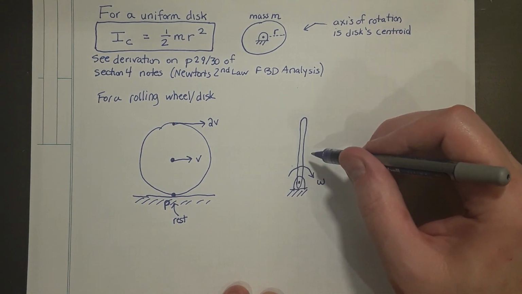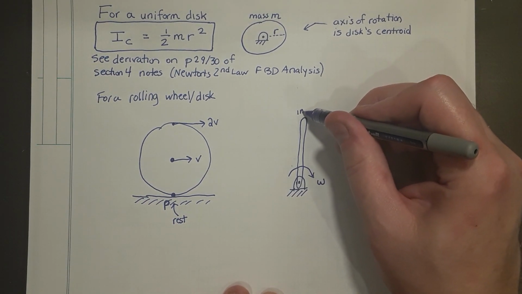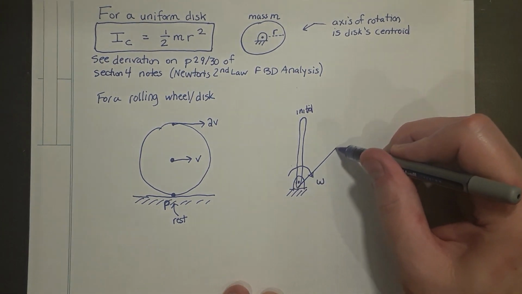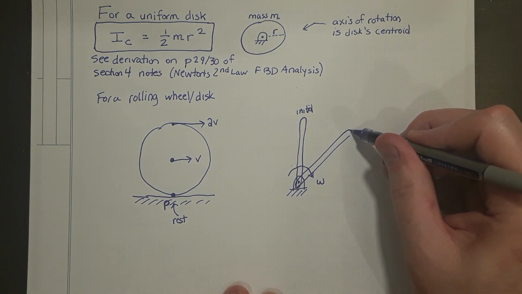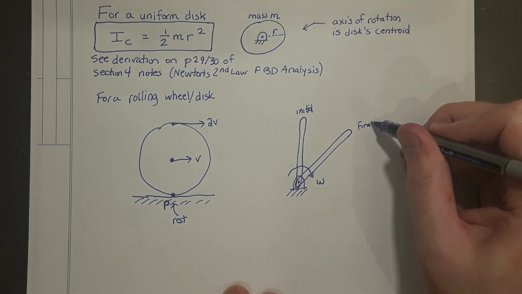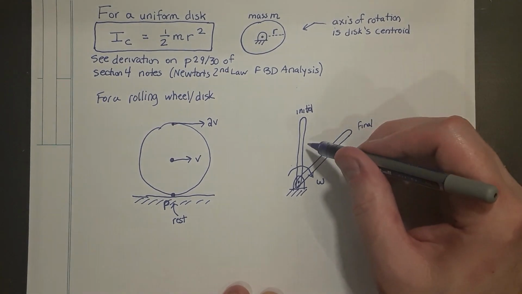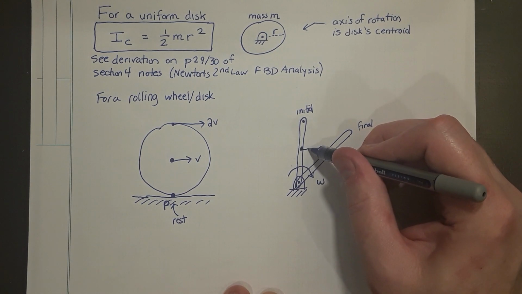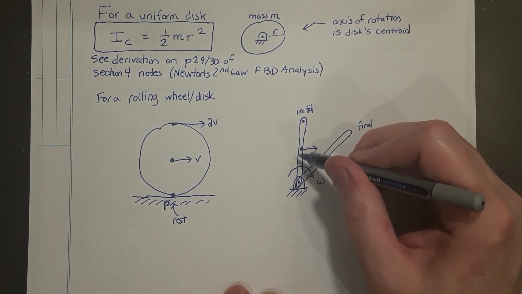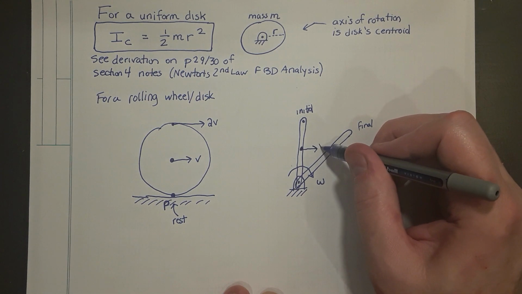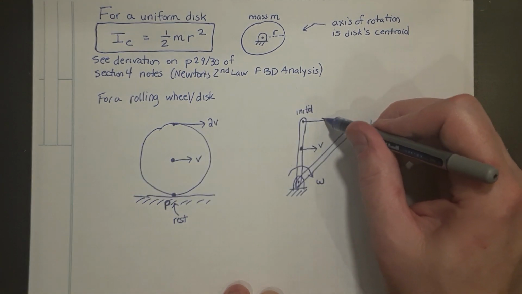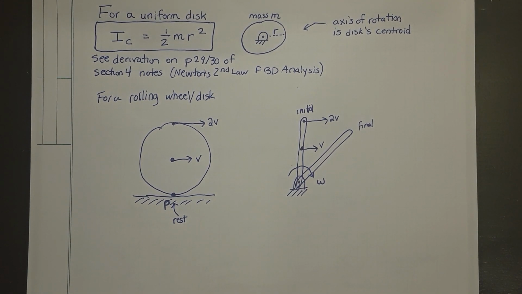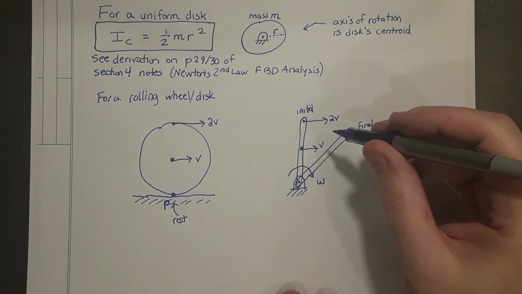As this object moves from an initial position to a final position, and undergoes a rotation, you'll notice that the instantaneous velocity of a point halfway along the length of the rod and the velocity of a point the full length along the rod, the ratio of those two velocities is going to be 2 to 1.